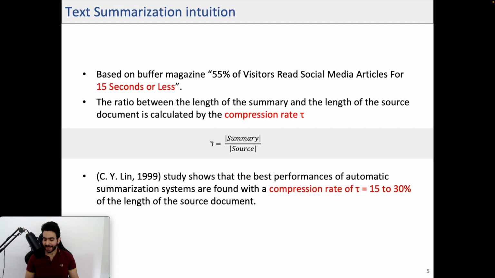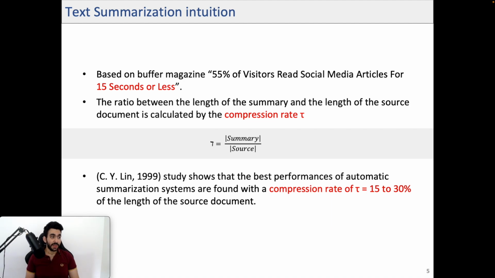This means that if they manage to get a gist within 15 seconds, covering the idea, the intuition and the perspective within the social media article, you grab the attention of the user. They made them take the gist out of the article.